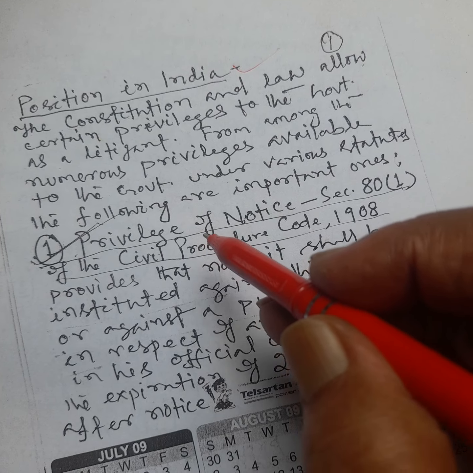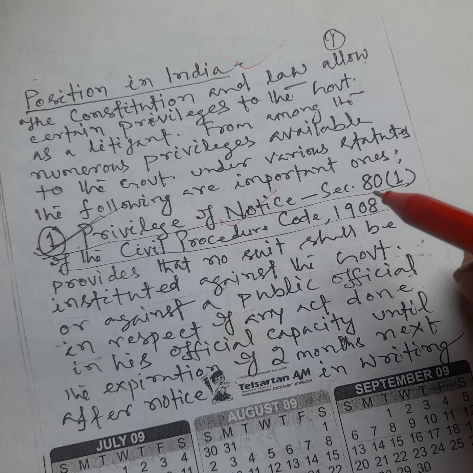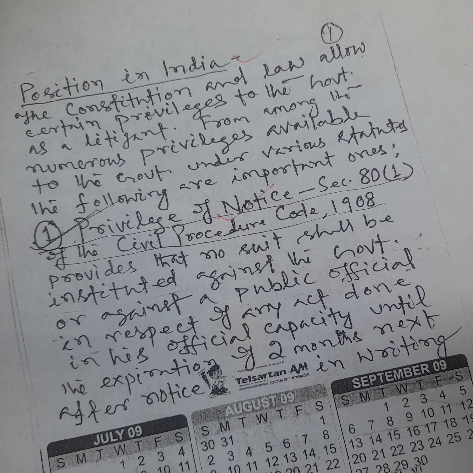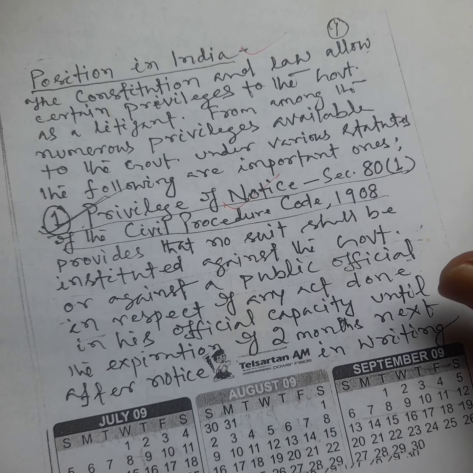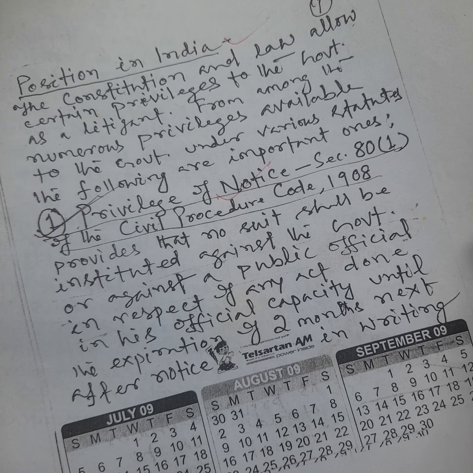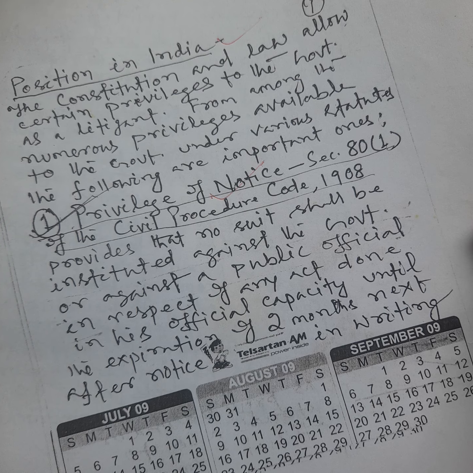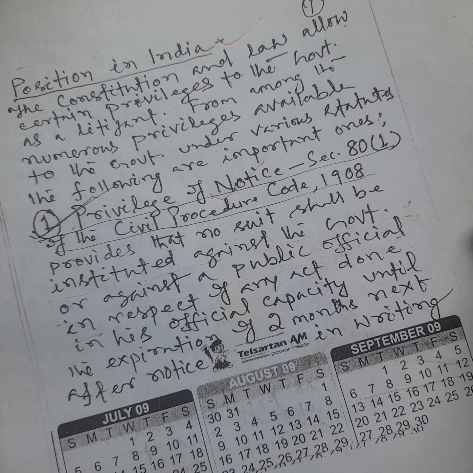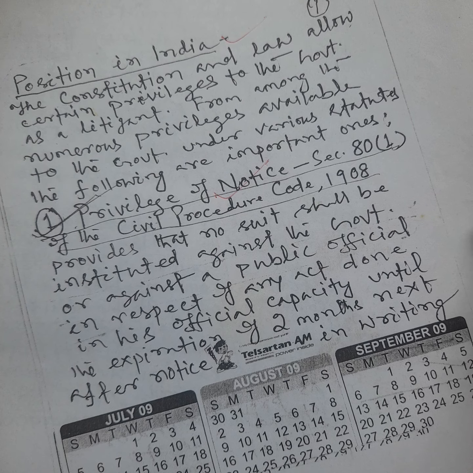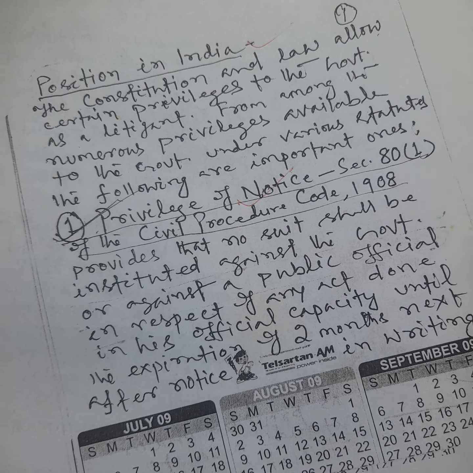The first one is the privilege of notice, as provided under Section 80 Clause 1 of the Civil Procedure Code 1908, which provides that no suit will be instituted against the government or against a public official in respect of any act done in his official capacity until the expiration of 2 months next after notice in writing.